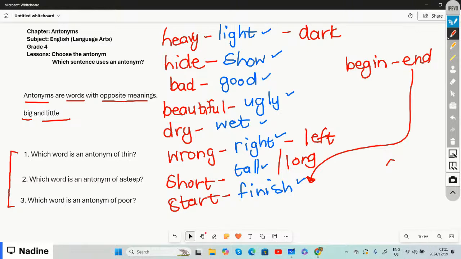All right, so now we're going to look at these three sentences. We are going to find the opposite of these words that I've underlined. So, which word is the antonym of thin?